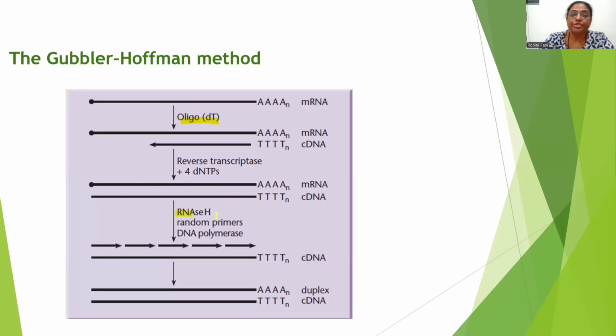Then RNase H is used to remove the mRNA from the DNA-RNA hybrid. Then the scientists have used these primers, which are called random primers, which are allowing the full length cDNA synthesis. In this way, you can get the duplex of the cDNA.